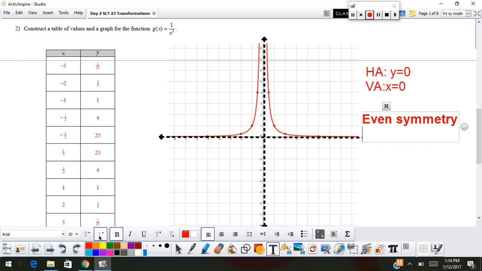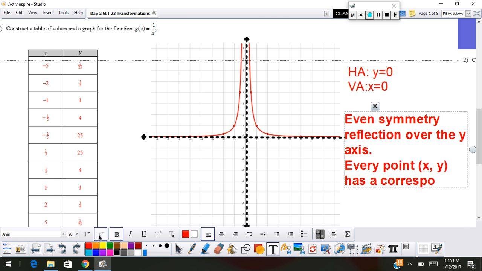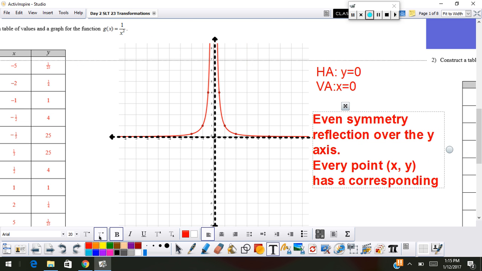And the way I know that is that it is a reflection over the y-axis, and every point (x, y) has a corresponding point (-x, y).